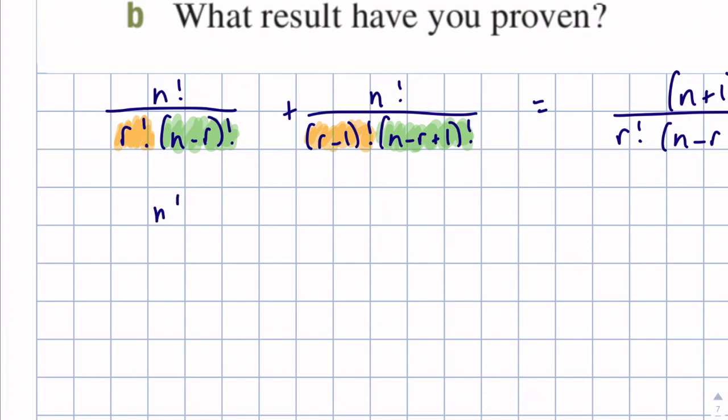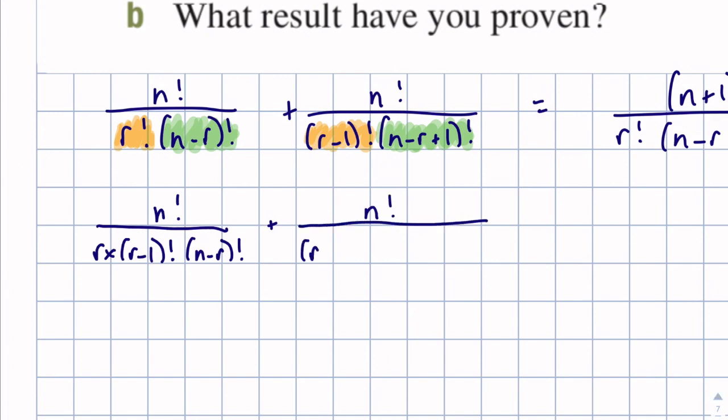So I've got n factorial over r factorial is the same as r times r take 1 factorial. And then I've got n minus r factorial plus n factorial over r minus 1 factorial times, well, n minus r plus 1 factorial is the same as n minus r plus 1 times n minus r factorial.